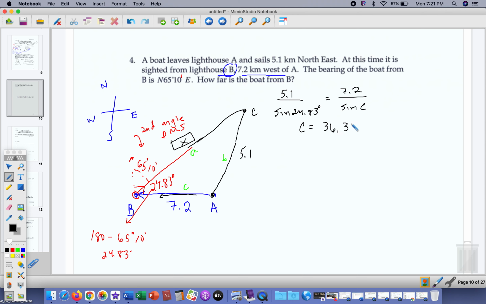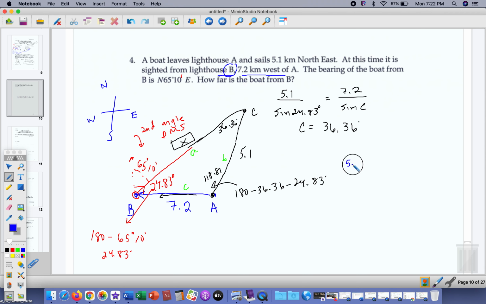If we cross multiply and take the inverse, we will get angle C is 36.36 degrees. Which would mean that A is 180 minus 36.36 minus 24.83, so A would be 118.81. And then we can use our law of sines again.